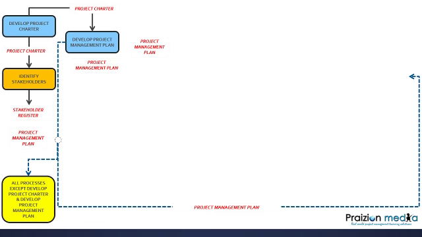The project management plan does not go back into itself, and it does not go into develop project charter. So all processes except develop project charter and develop project management plan will receive the project management plan.